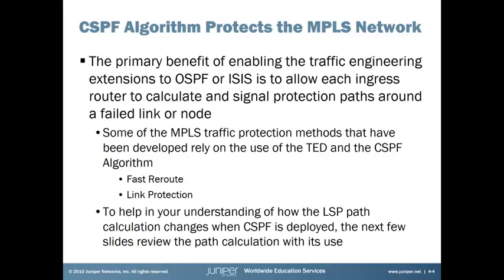So the primary benefit of enabling traffic engineering extensions to OSPF or ISIS is to allow each ingress router to calculate and signal protection paths around a failed link or node. So let's just unpack this statement for a minute. First of all, we have mentioned two IGPs here, OSPF and ISIS.